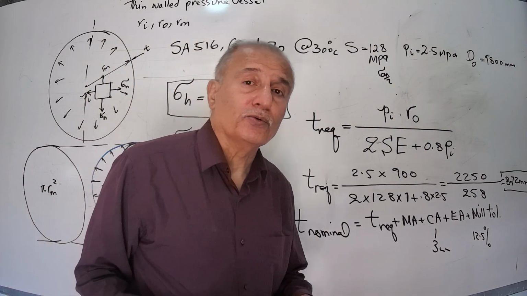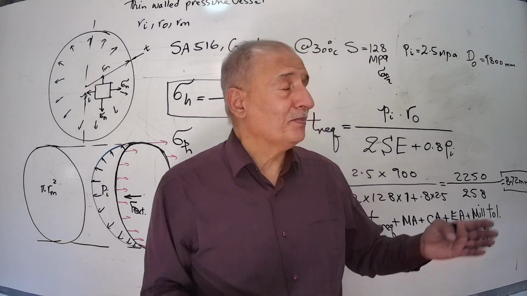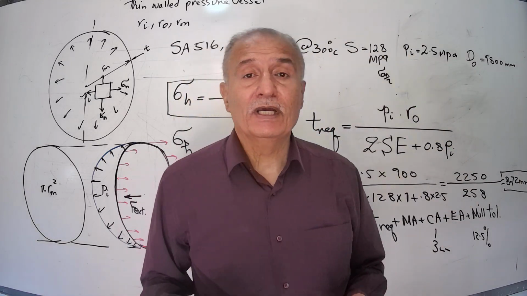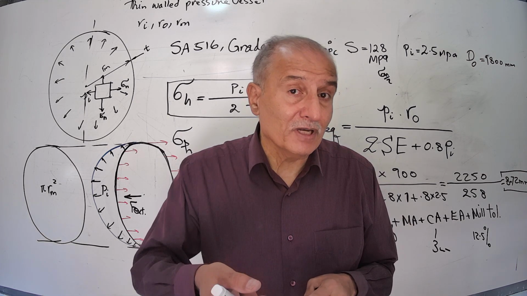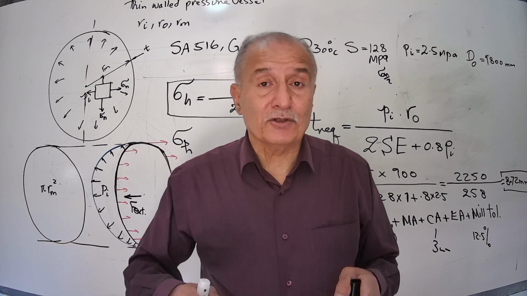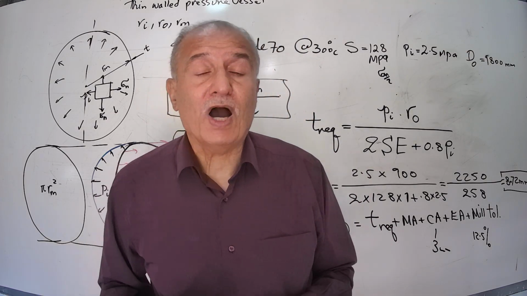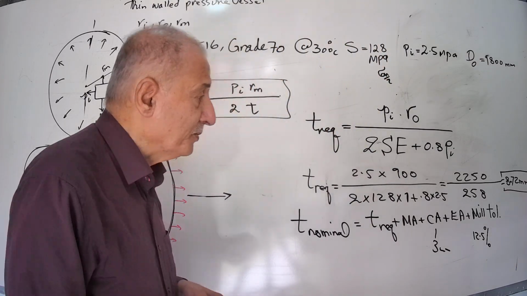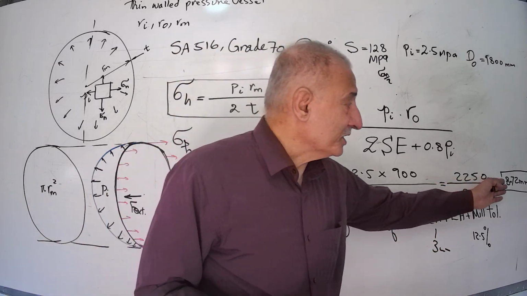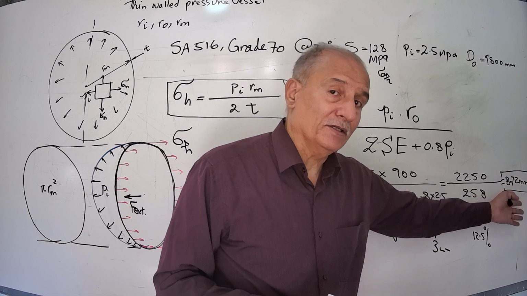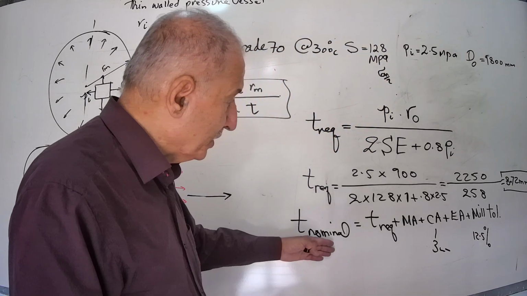It means that if you go to the market and ask for a nominal size 20 plate of this specification, when you measure it, it is maybe 12.5% less. It means that 20 nominal size, real size is 17.5, 12.5% less. This is why you must consider it. You cannot go to the market and say, okay, I need just this size of plate. You cannot find it. You must go for what is available in the market.